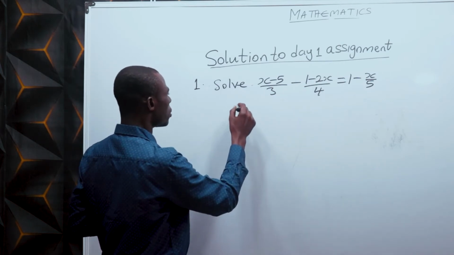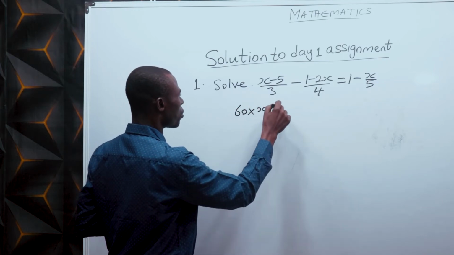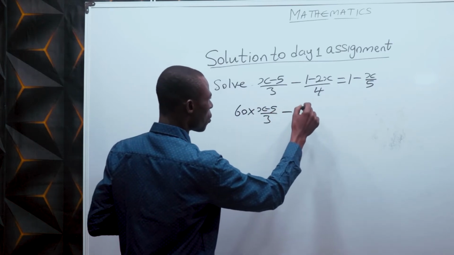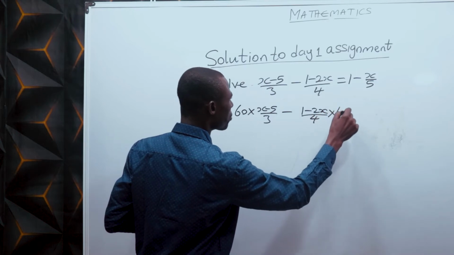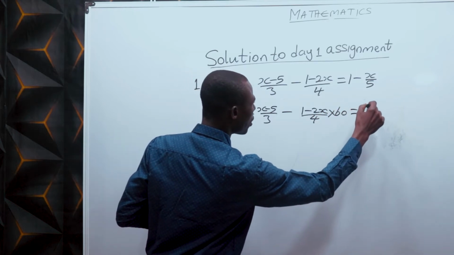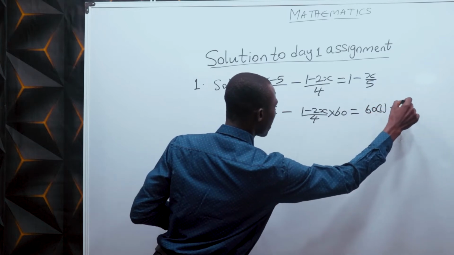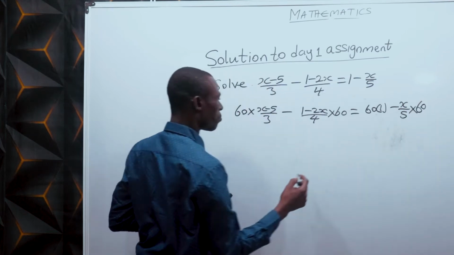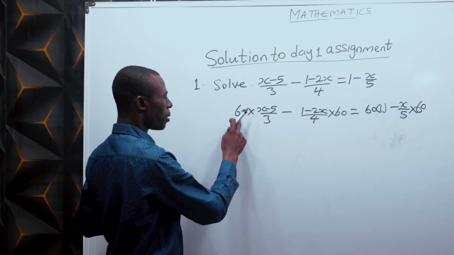How? 60 times (x minus 5) over 3, minus (1 minus 2x) over 4 times 60, equals 60 times (1 minus x) over 5 times 60. 3 in 60, that is 20.